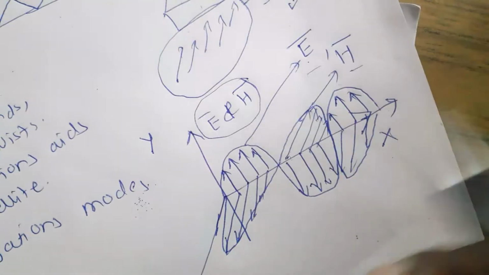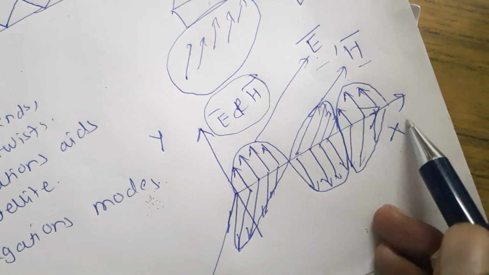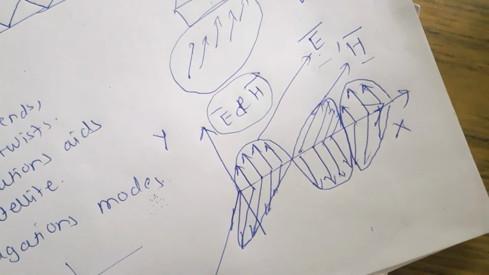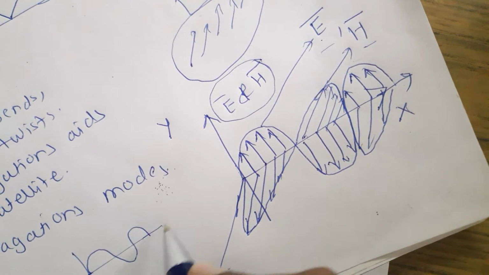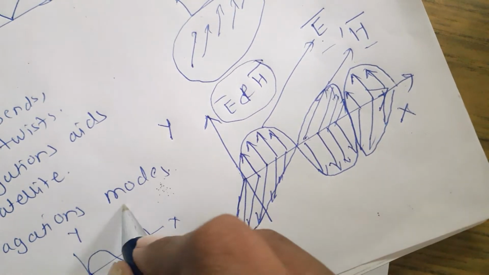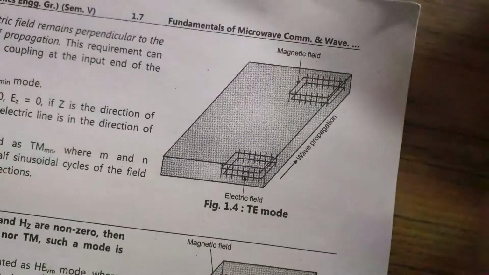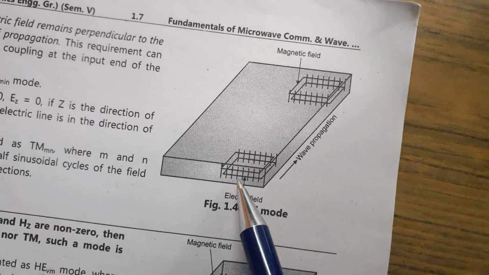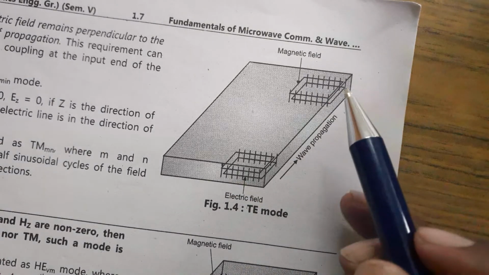Just remember, this is the y-axis and x-axis. So the wave will travel on this surface, that is x and y. So Ez equals 0. Okay. So this wave will look like this inside the rectangular waveguide. So here are the electric fields.